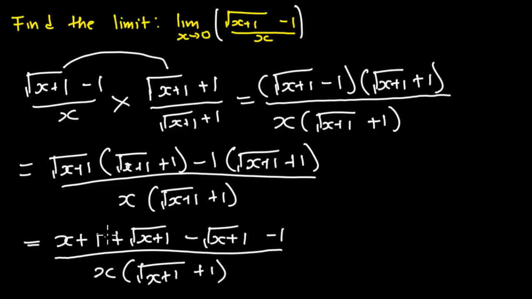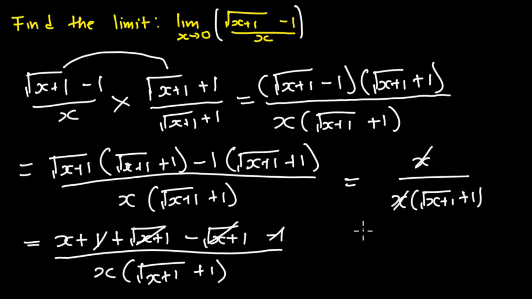And so from here 1 will cancel out negative 1, and then this square root will also take care of this square root. So we are going to be left with x over x into the square root of x plus 1 plus 1. And over here x will take care of x, so we're going to be left with 1 over the square root of x plus 1 plus 1.